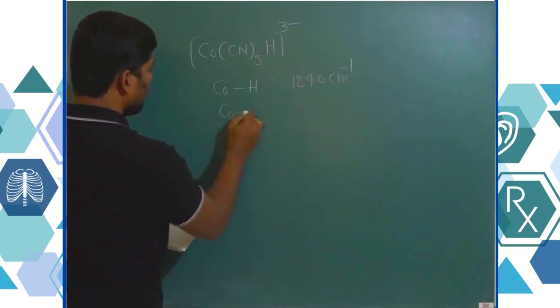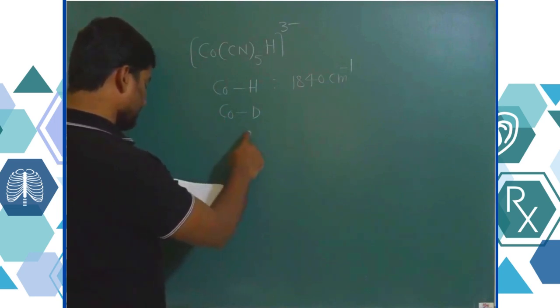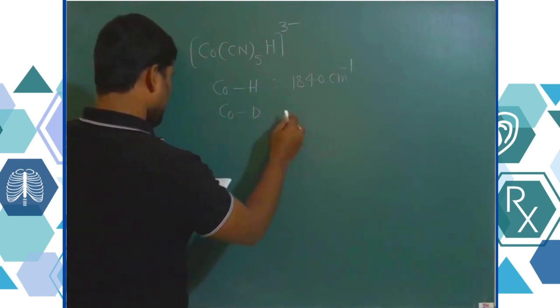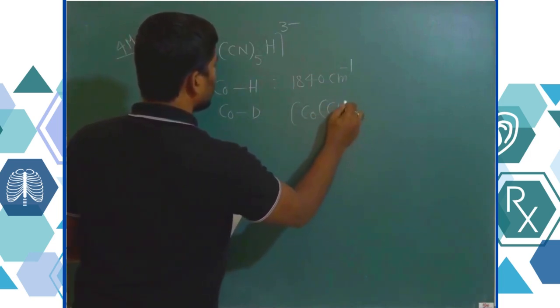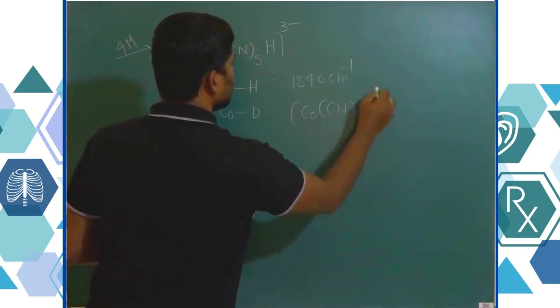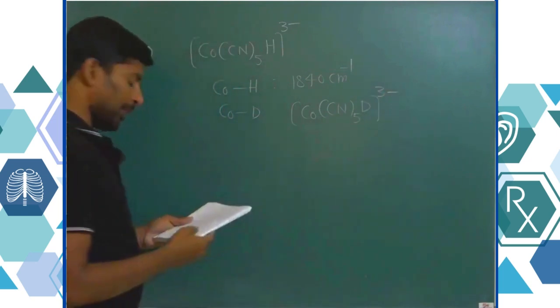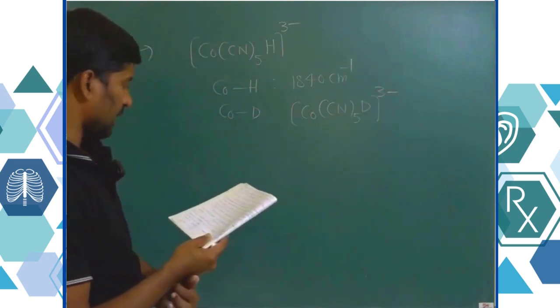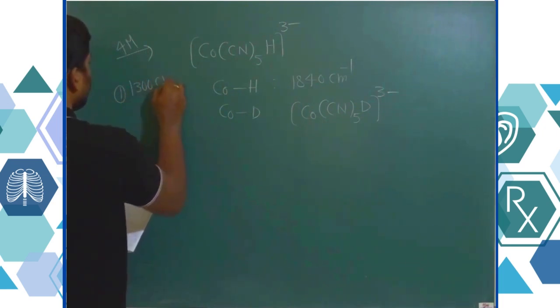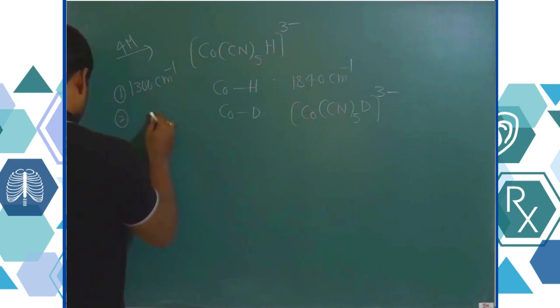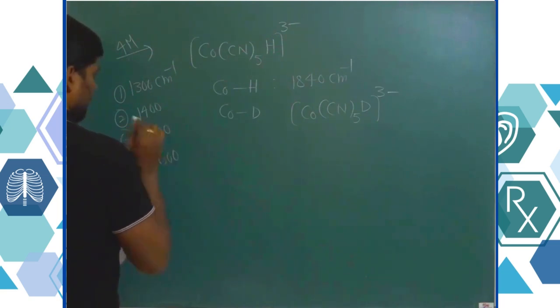Then the COD stretch in CN taken 5 D3 minus will appear at nearly, options given: 1300 centimeter inverse, 1400 centimeter inverse, 1500 centimeter inverse, and 1600 centimeter inverse.